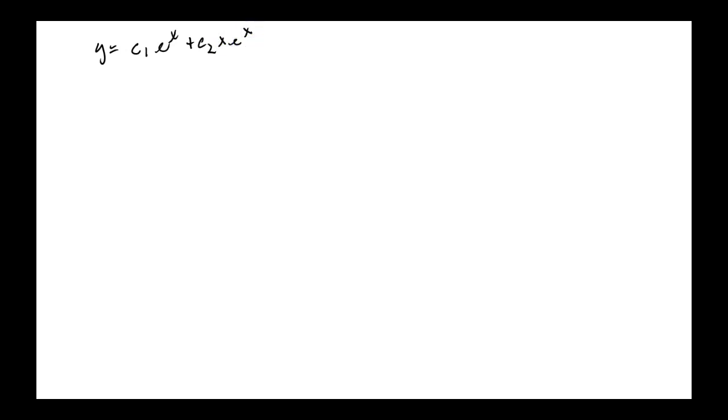That's an explicit solution of this differential equation: y double prime minus 2y prime plus y is equal to 0. Now, I think we had this one much earlier. Yeah, it was part B of example 5. But we need to verify it.